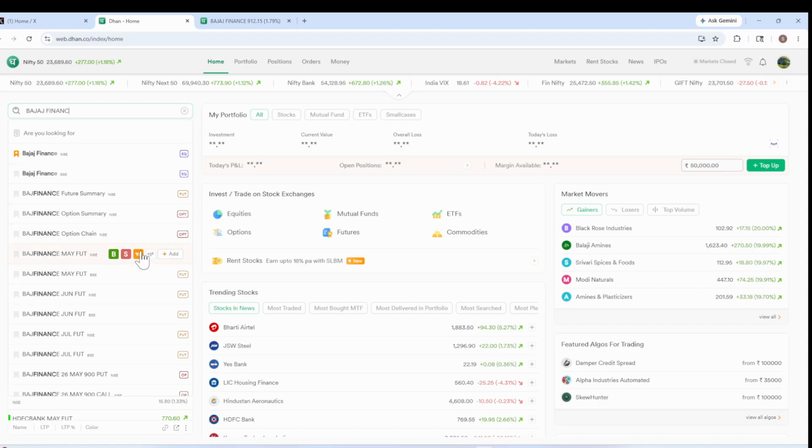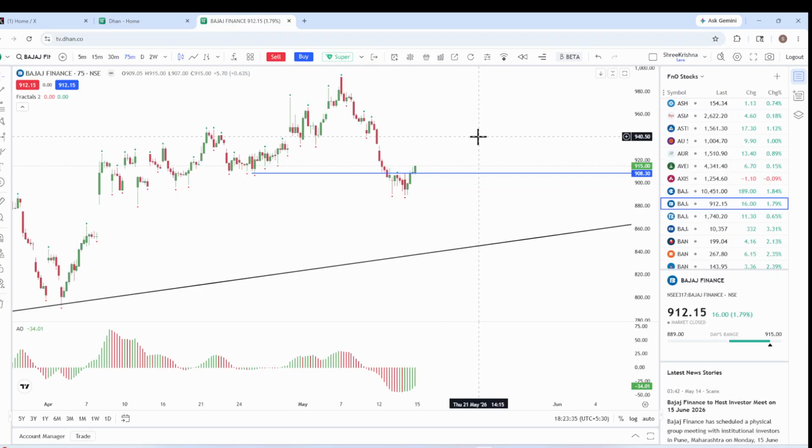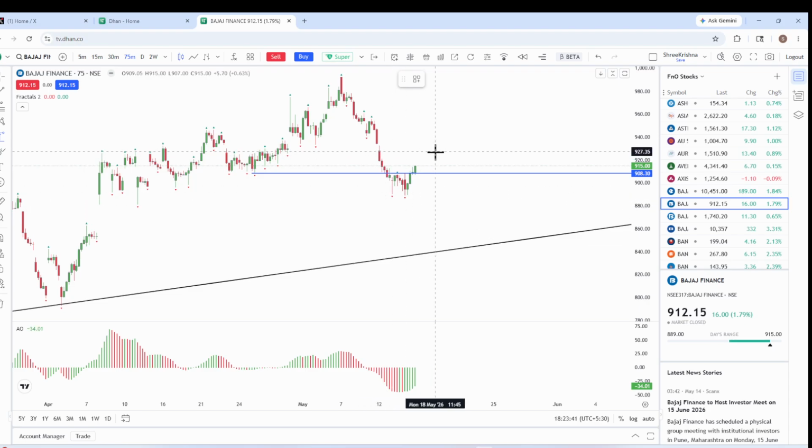Bajaj Finance May. How much is the margin? Margin is 1,30,000. Quantity is 750. You can sell, and how much is your price range we are looking? We are looking for 70 points, 80 points. We are looking at 40,000-50,000 rupees for 1,30,000 rupees.